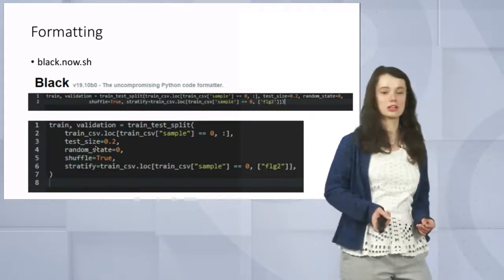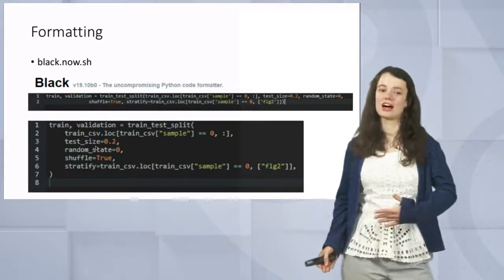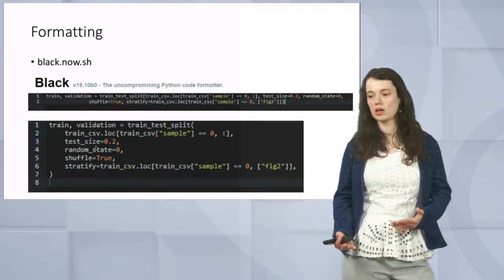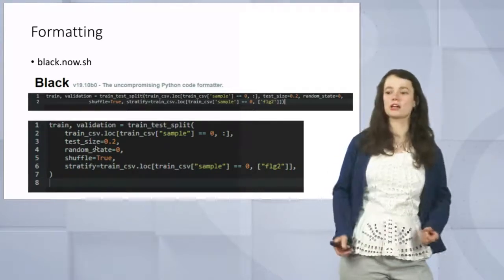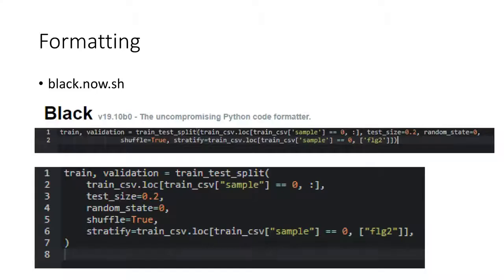To learn how to format your code well, the main rules are in PEP 8, but it's not very convenient to check the whole list of PEP 8 every time you format your code. So you may use a library. I recommend you to use the Black library because it formats your code in the same format every time.